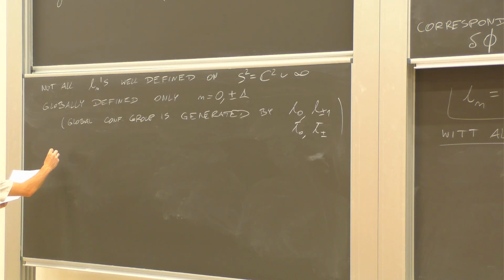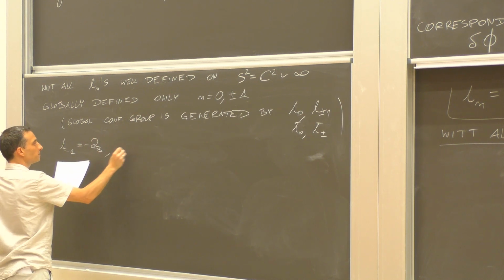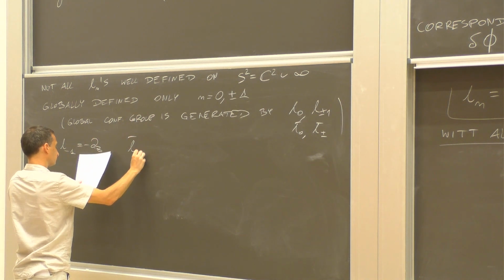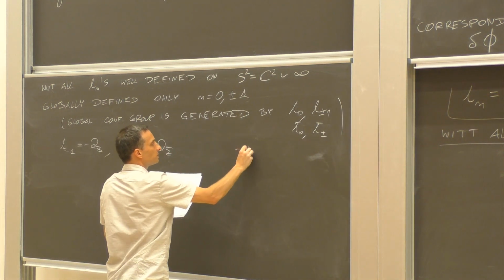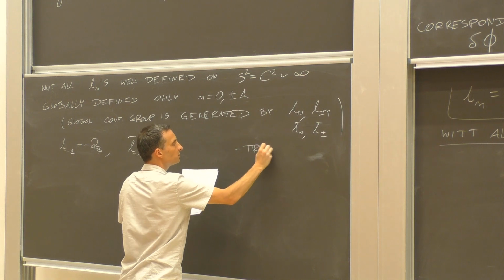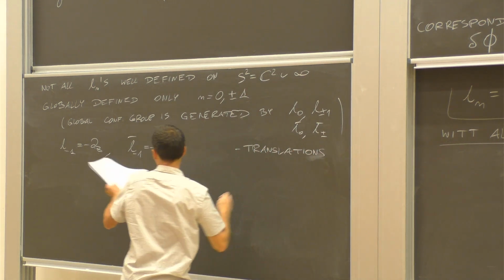And to have some idea what they are, let me just write explicitly. L minus 1 is just derivative with respect to z. So these generate translations, of course, just plain derivatives.